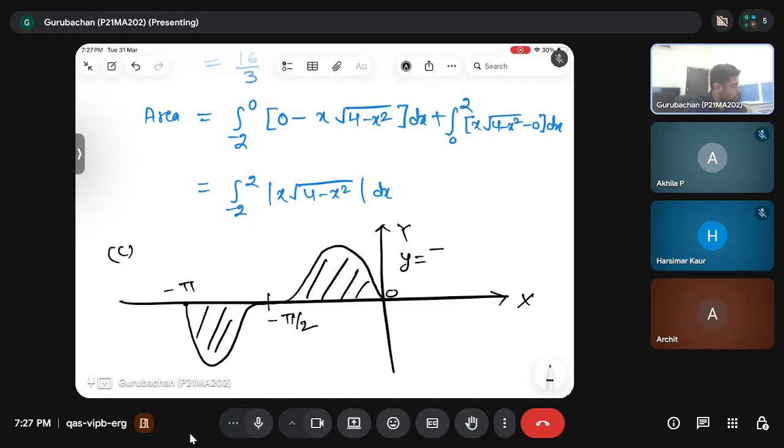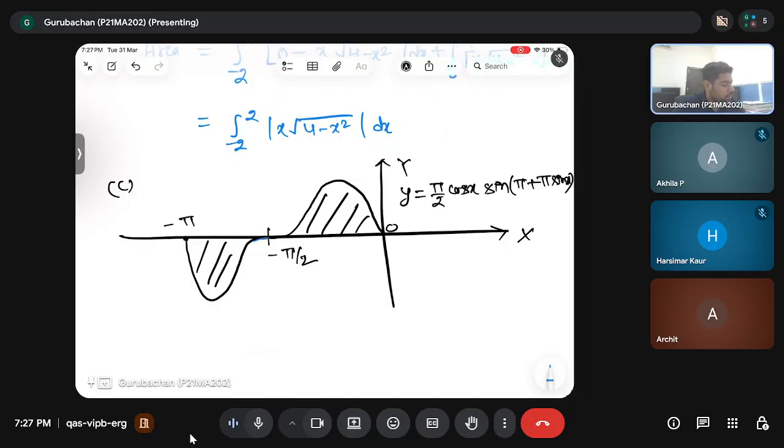Function is pi by 2 cos of x sine of pi plus pi sine x. So you have to calculate the shaded area. Here the function or curve is maintaining 0 near around pi minus pi by 2, and obviously while doing the integration this will not make any effect. Quickly tell me the answer of this question, or you can say the area of this shaded portion.